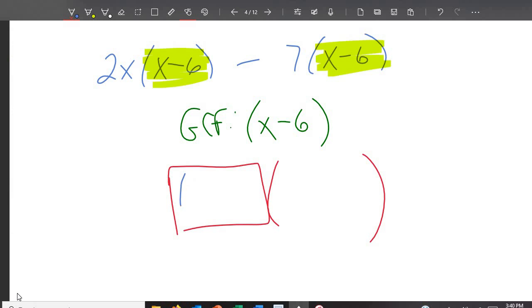So in the box, we're going to put the parentheses x minus 6. In the second parentheses, I'll highlight this time in, let's do pink, this, and this all goes in the second parentheses.